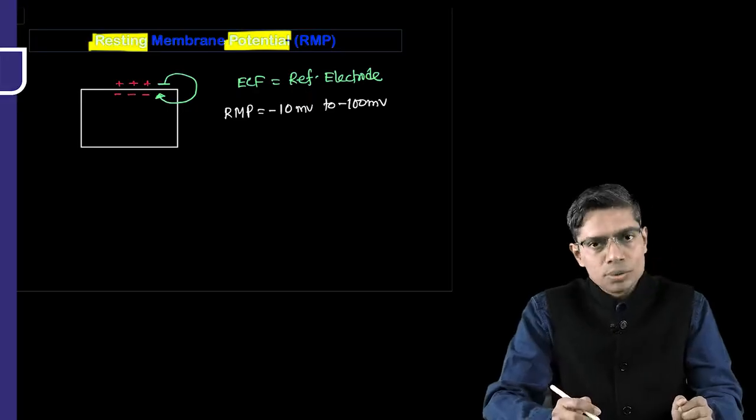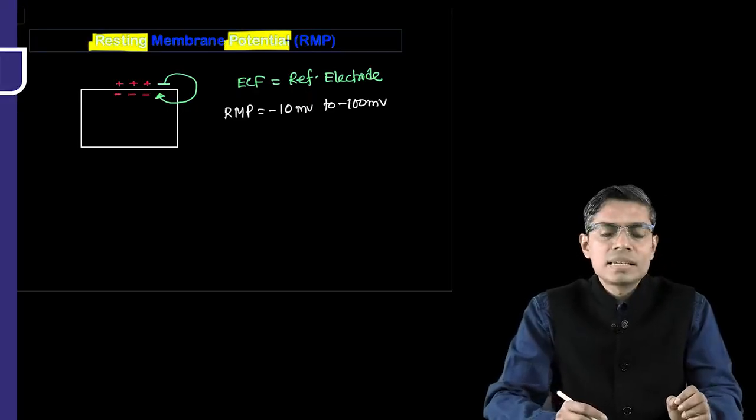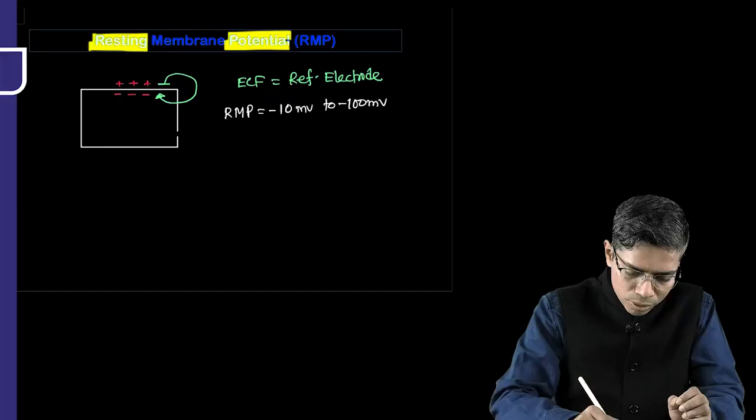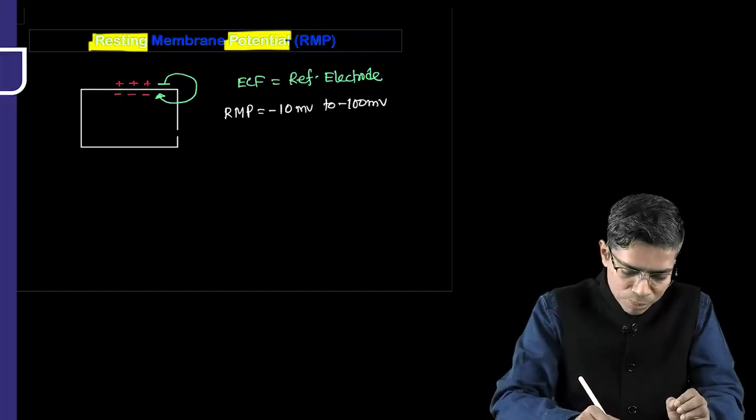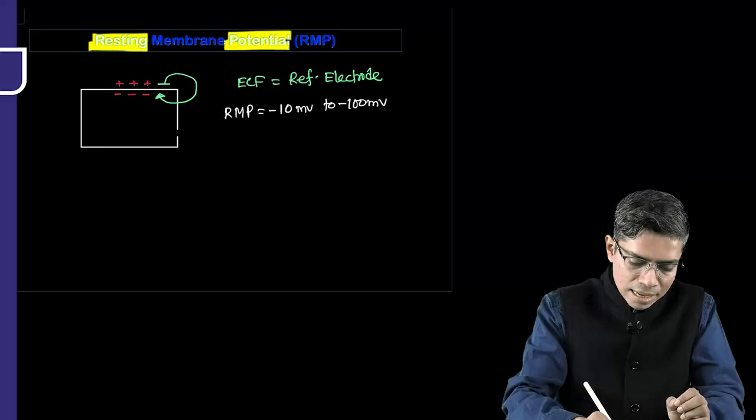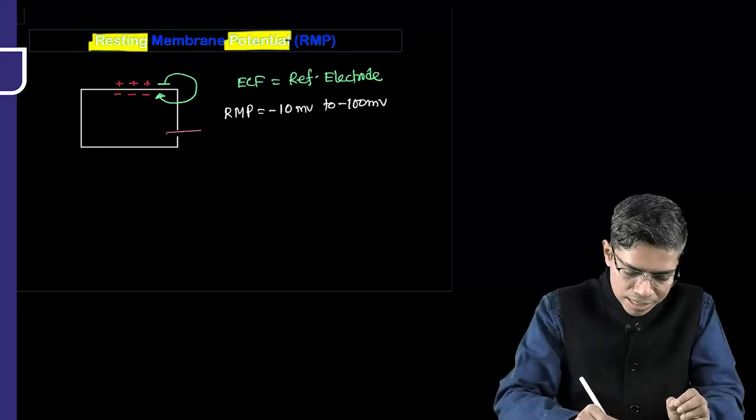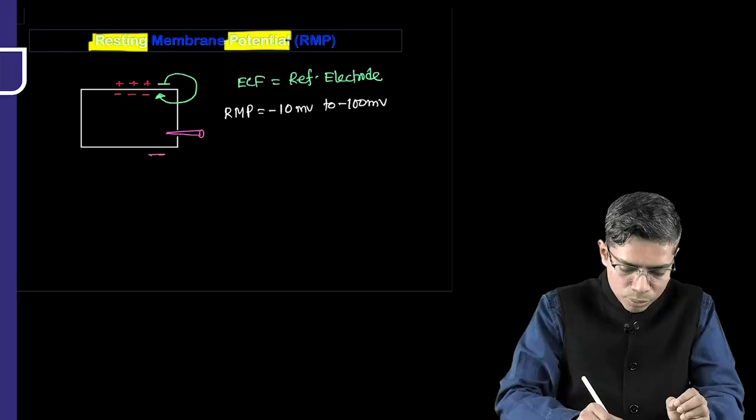Now if I want to measure the resting membrane voltage, I have to pierce through the cell membrane and introduce one electrode inside the cell, and put one electrode outside the cell membrane.